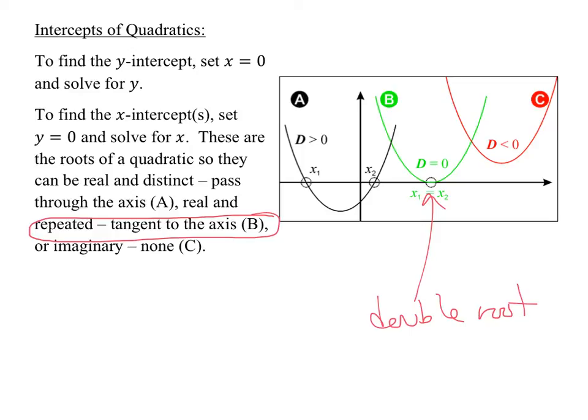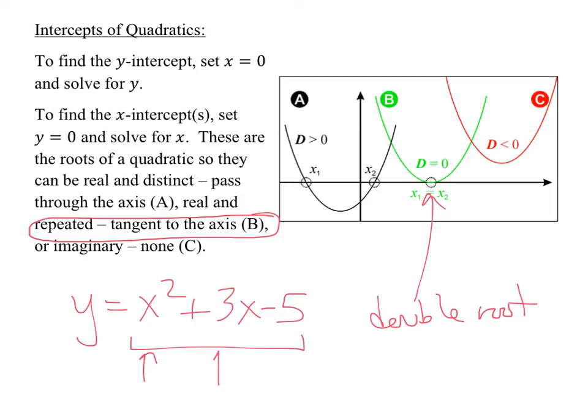Now, remember that to find a discriminant, your function needs to look like this, something where you have it in standard form, where it's ax squared plus bx plus c. So this is not going to be given in vertex form. You'll be given a function like this in standard form, and based on this function, it'll say, determine the type of roots or which graph could be a possible solution for this one.